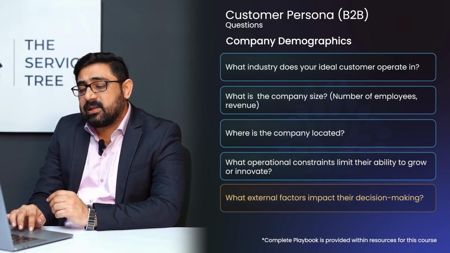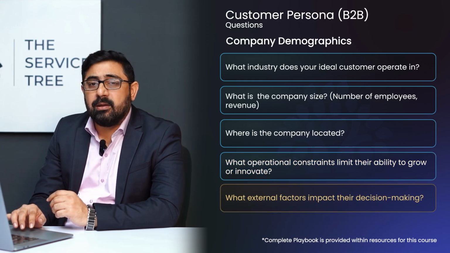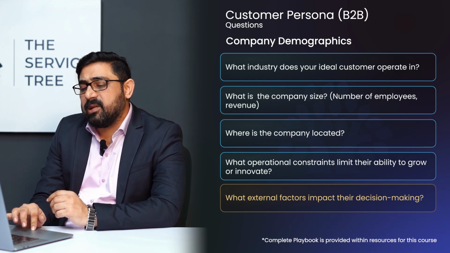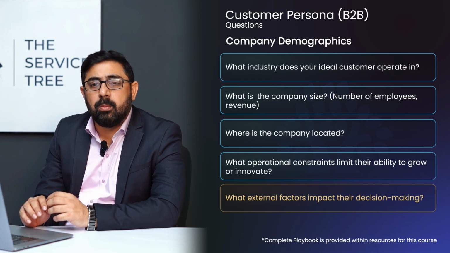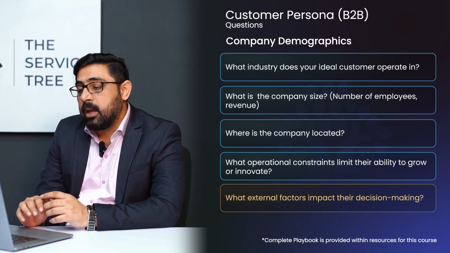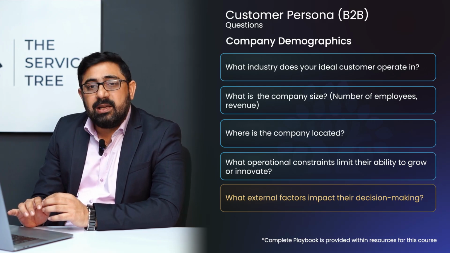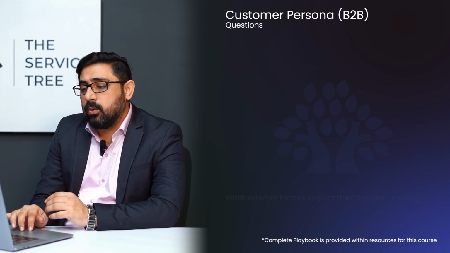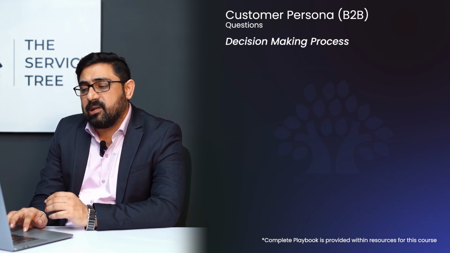What type of external factors impact their decision making? If you see these demographics, these are very basic questions which you should know before going to the market to sell your product or service. But is all this sufficient to answer? Not at all. Then we go on to the decision-making process.